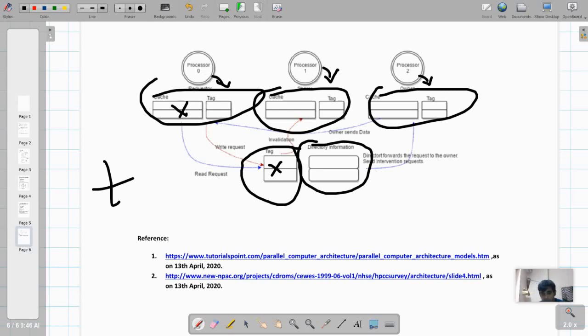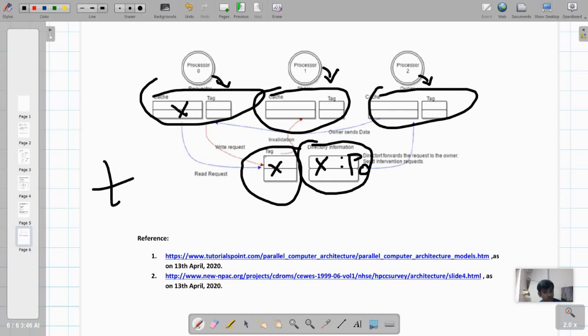Now what will happen? This directory will hold the information that processor 0 is now modifying the data item at memory location X.